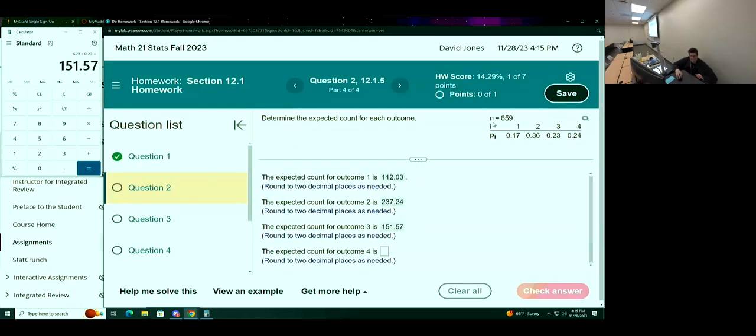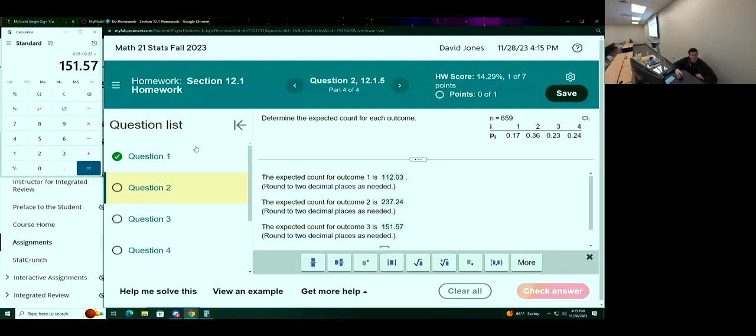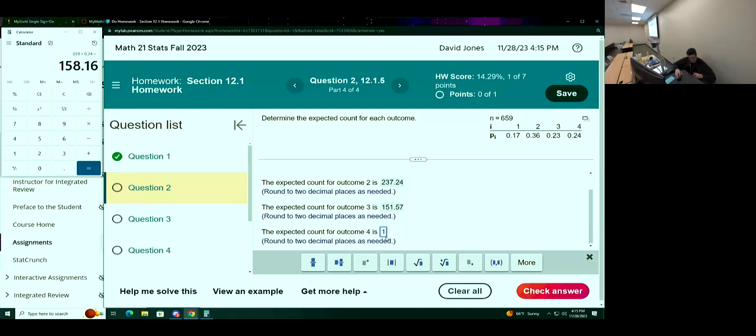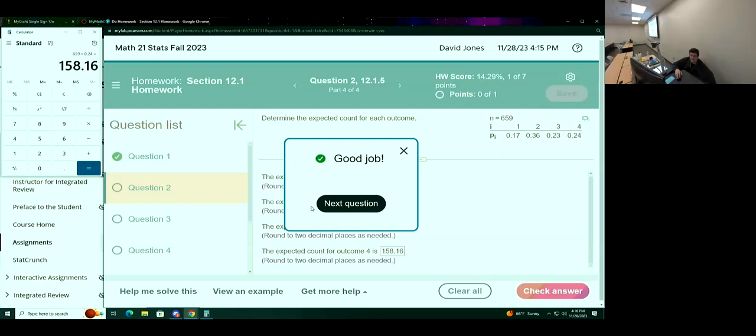Expected count is n times p. So that's all we're doing. That's it. That was a short problem. I like easy problems. That's just calculator work.